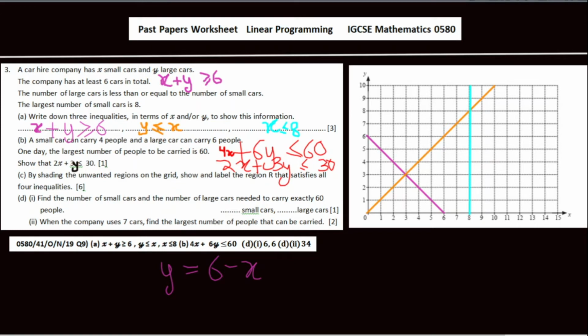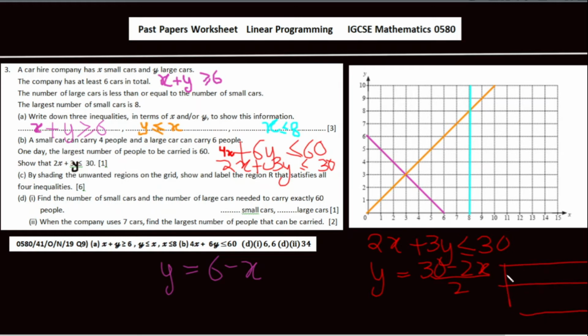For this line, I'll have to make a table. 2x plus 3y is less than or equal to 30. That means y equals 30 minus 2x divided by 2. Now I'll take a few values of x and corresponding values of y. So x and y, when x is 0, y would be 15.